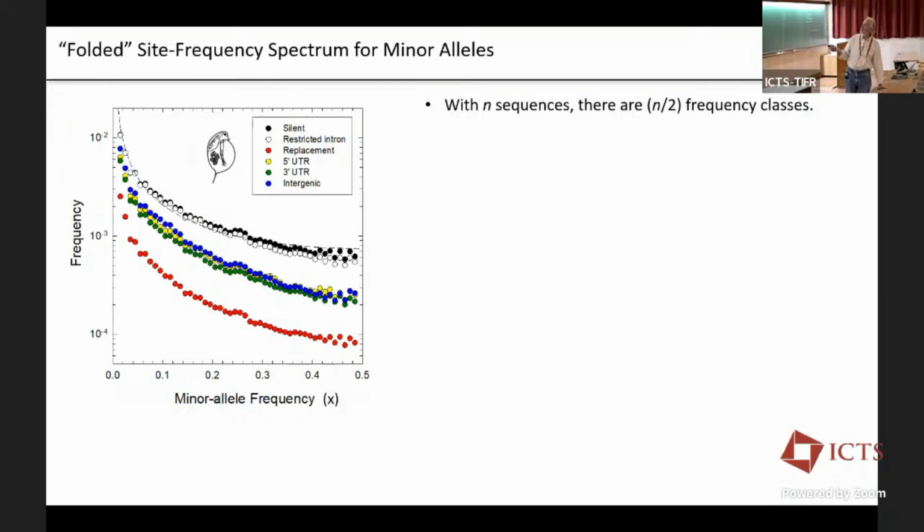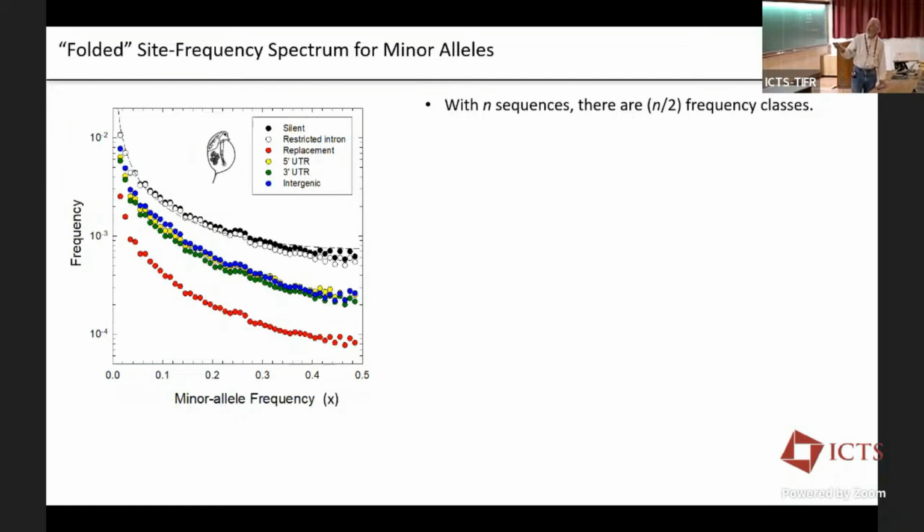These data actually come from a study of a Daphnia population. We studied about 100 individuals. And so you get the spectrum of frequencies, and that's it for silent sites and also sites deep in introns. We expect these to be effectively neutral, although I'm going to return to this in a second. And these are more strongly selected sites, so these are amino acid replacement sites.